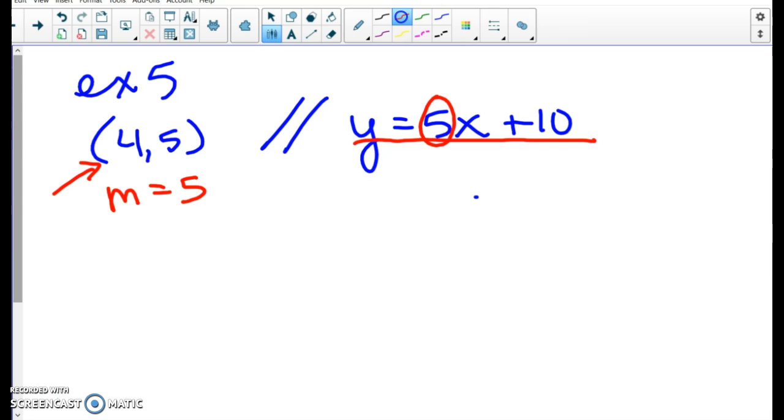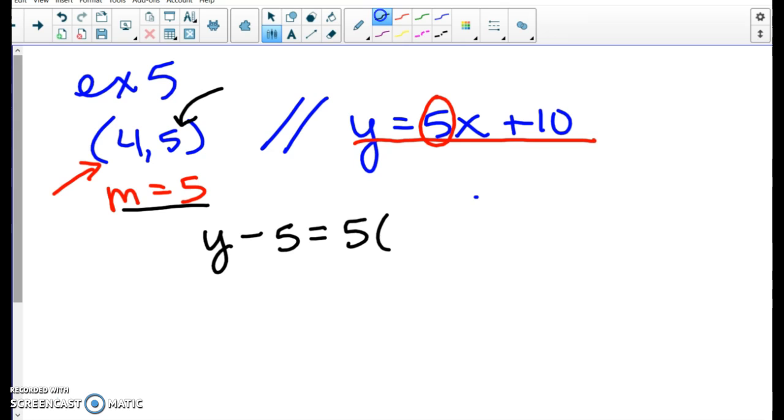Now recall, we want to use our point-slope form. We're going to take y minus y1. That's equal to our slope, which we just took out of the other equation, 5 times x minus the x value, x1. And then we're going to put that into slope-intercept form.